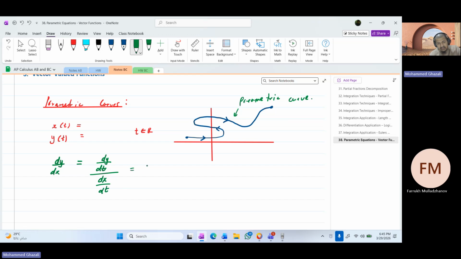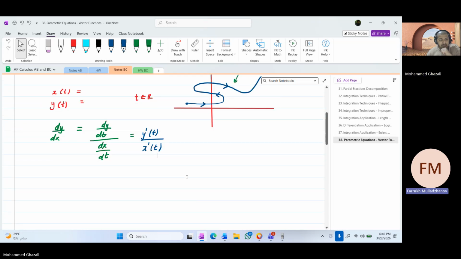Sometimes you can write it as y dot over x dot, where dot means derivative with respect to time. We don't need to use this notation, it's fine. You can also write this as y prime of t over x prime of t. Makes sense? Good.